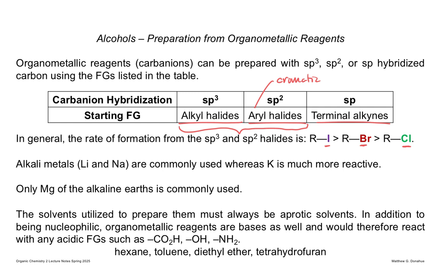You can also use group 2, magnesium. Those end up being magnesium 2+, and since it's 2+, you'll either have two of the carbon anion substituents or one plus some other ligand to balance the charge.